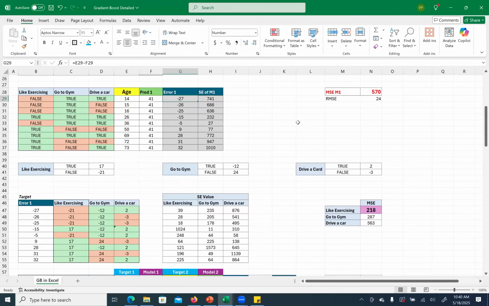Let's say you have taken 0.5. Then my prediction is not going to be 41. My prediction is going to be 41 multiplied by 0.5. So that actually slows down your total prediction. But the benefit of that is that you will be able to get to more accurate answers. Let me explain it this way.